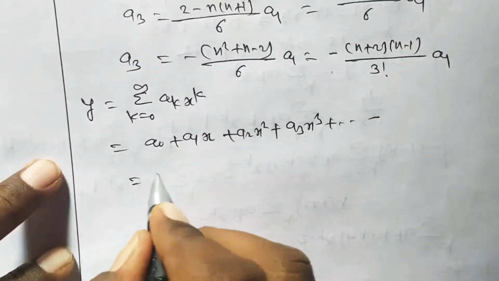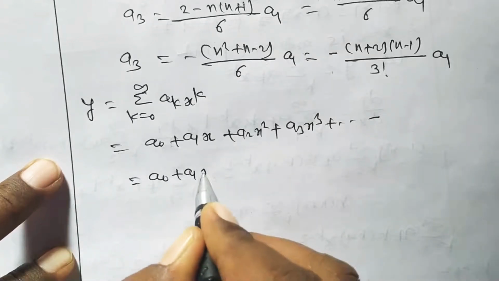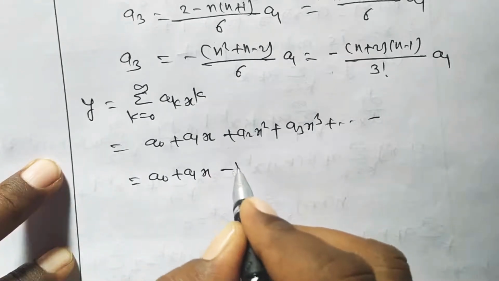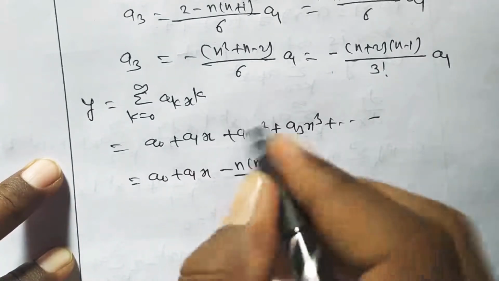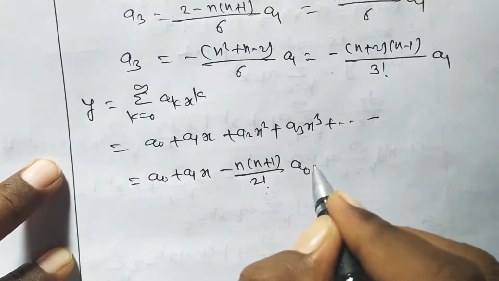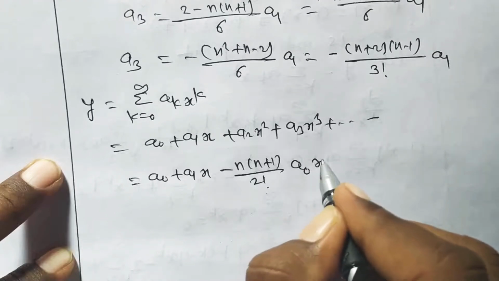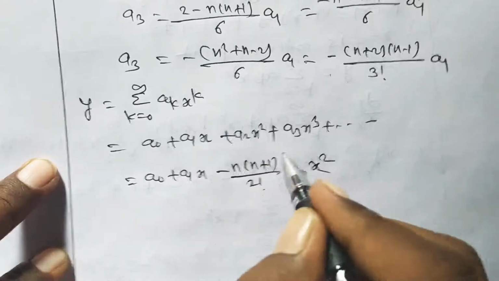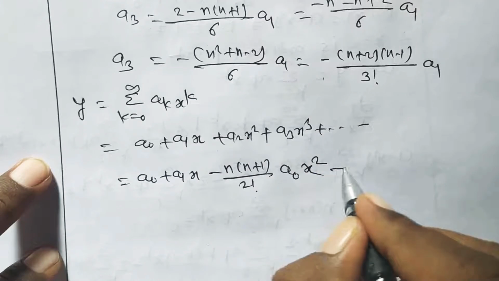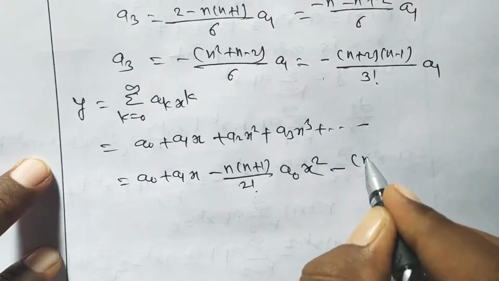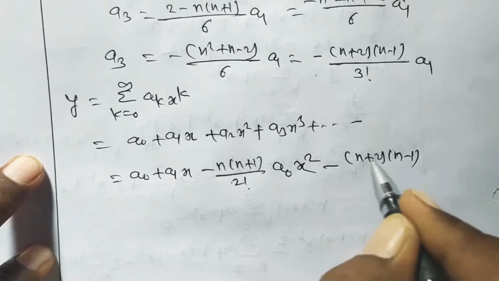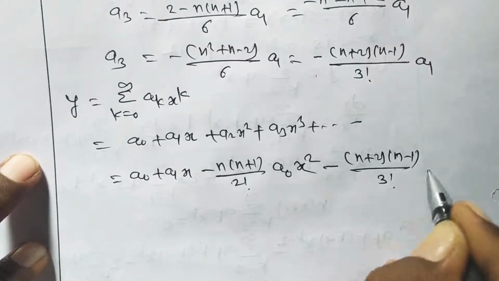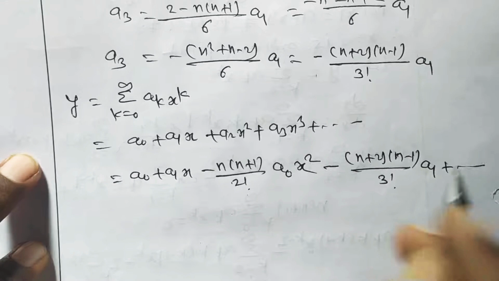So put the value of, keep a0 and a1 as it is. What is the value of a2? a2 is minus n into n plus 1 upon 2 factorial, 2 into 2 means 2 factorial, into a0 x square, and a3 is also negative, minus n plus 2 into n minus 1 upon 3 factorial into a1 plus so on.